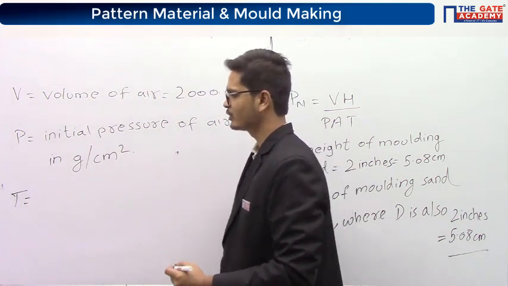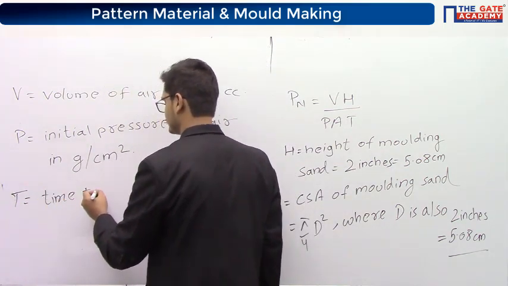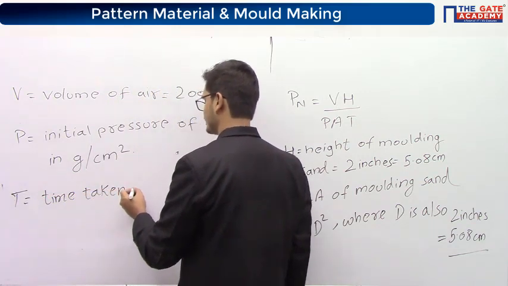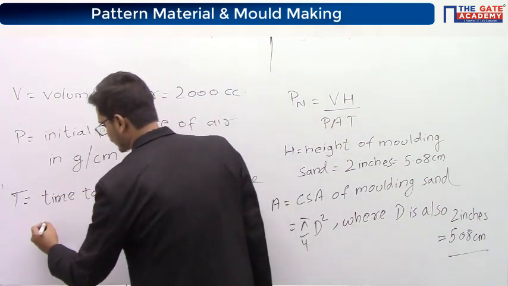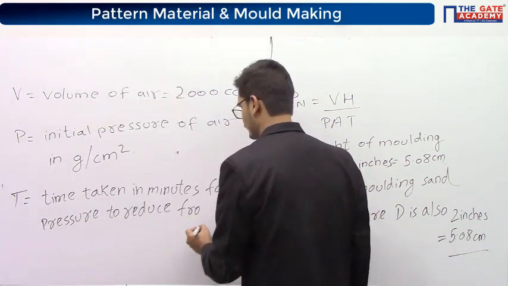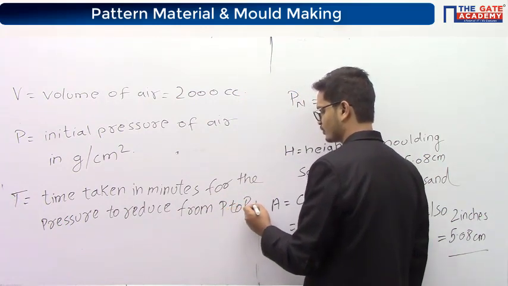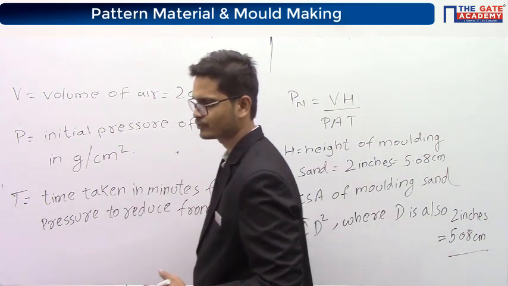And T is the time taken in minutes for the pressure to reduce from P to P atmospheric.